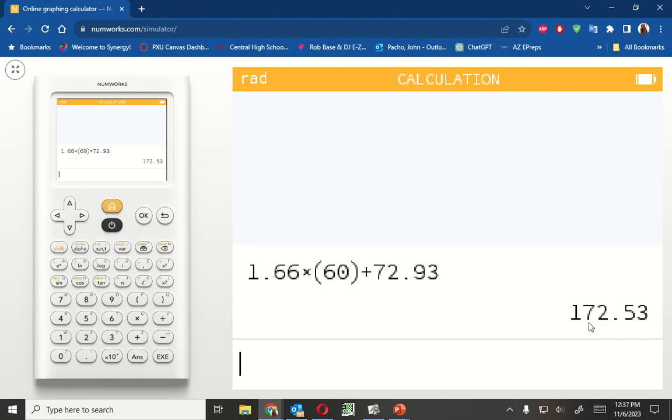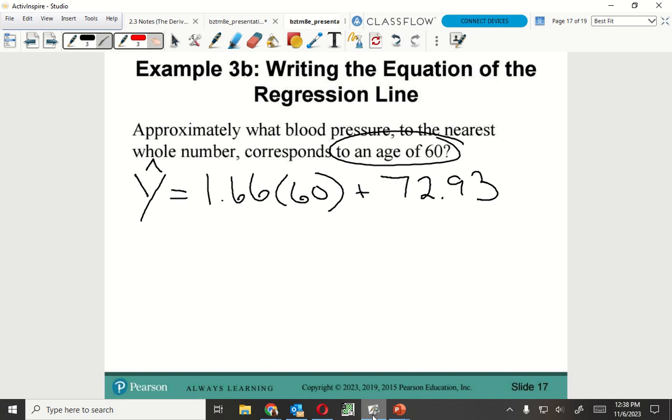Just calculate that, and it's going to be 172.53 as my answer. But what is that actually if it says round to the nearest whole? 173. So 173 is going to be my value for this one.